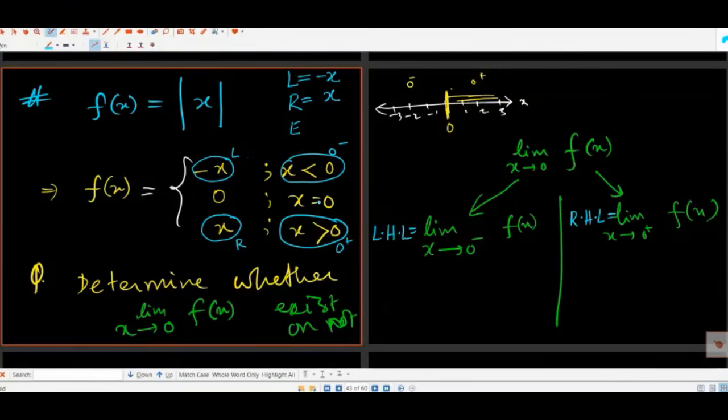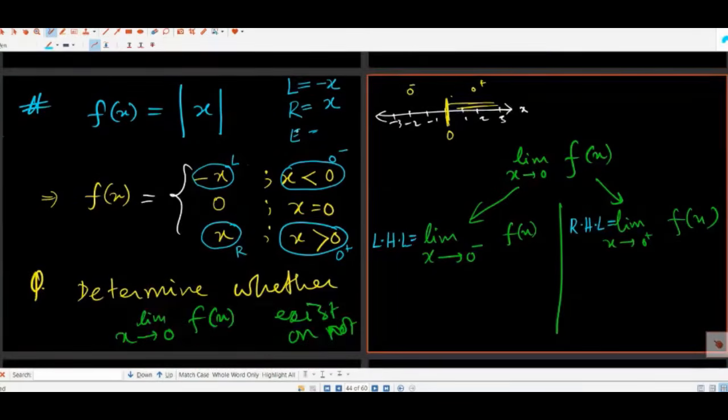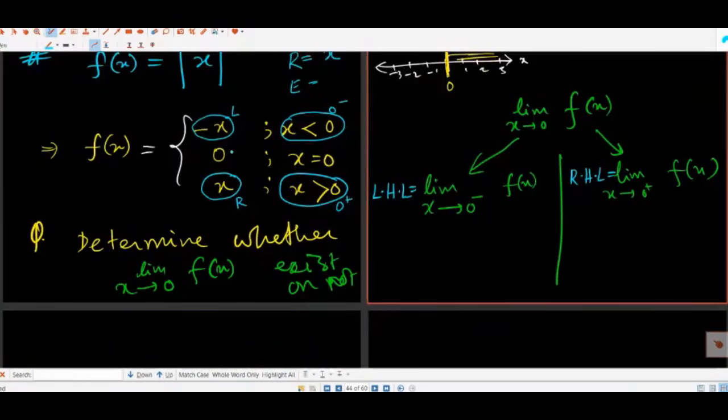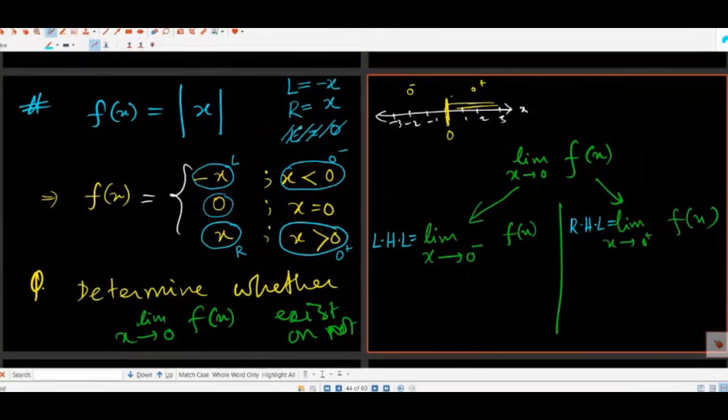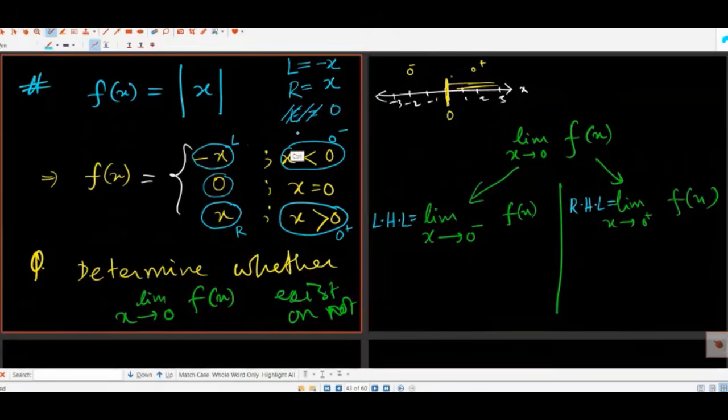Since we have x equals 0, for now let's denote this corresponding function as e, that is the equal function. For limit, we will not be working with e, but whenever you go to the continuity topic, then this part is important. So it's better to practice from the very beginning: always try to find the left function, right function, and equal function.